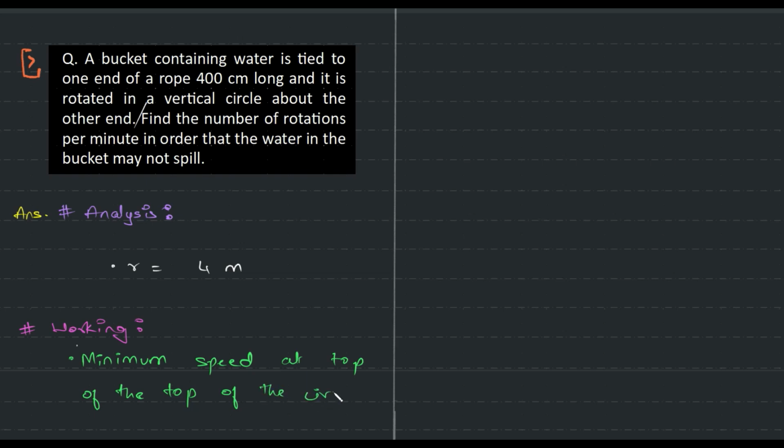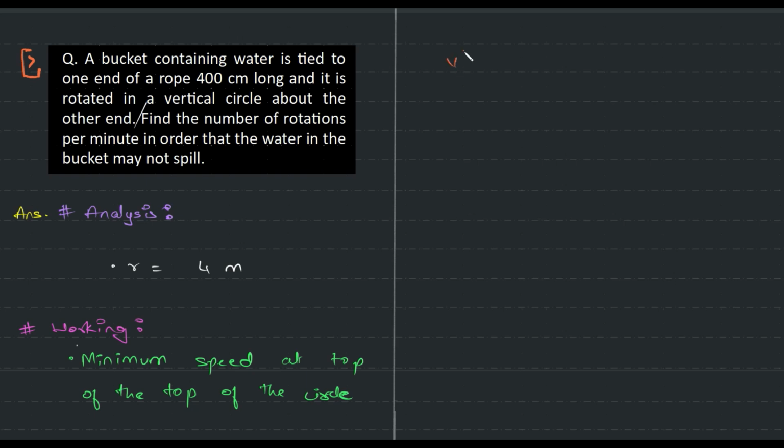If I'm able to satisfy whatever condition is needed over here, this is the worst case scenario. So the worst case is when the bucket is up straight, so it can fall off, right? And if we are able to handle this situation, we are pretty much safe.